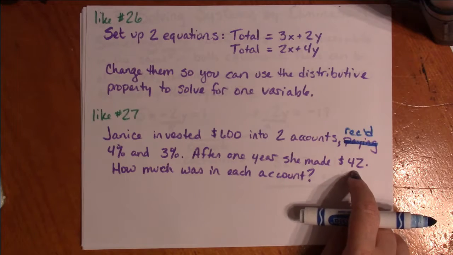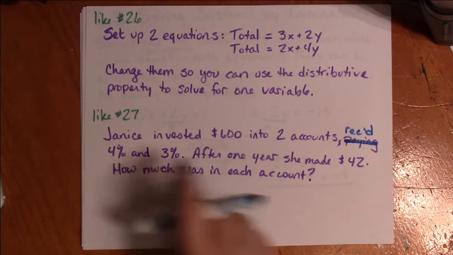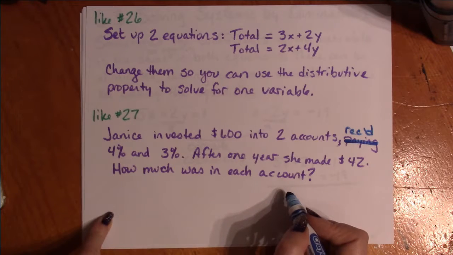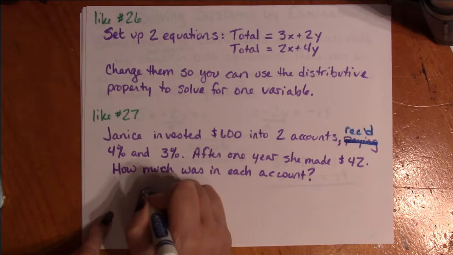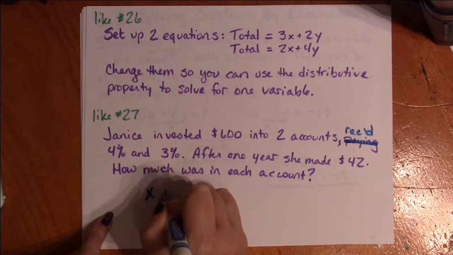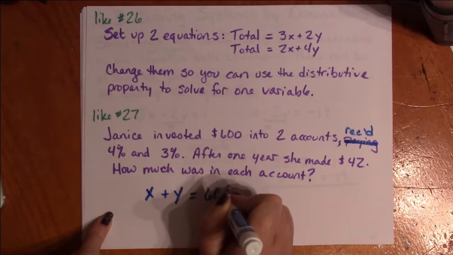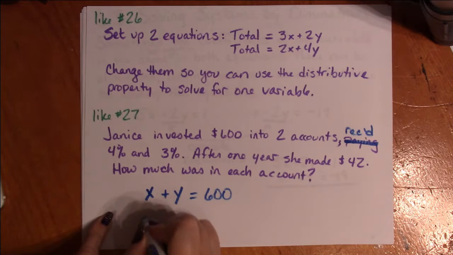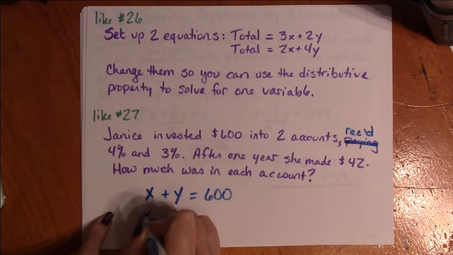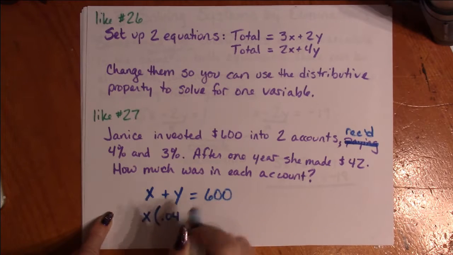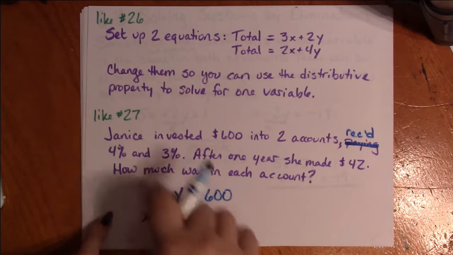After 1 year, she had $42 extra that she made in interest from the two accounts. So we need to know that X amount of dollars in one account plus Y amount of dollars in the other account equals 600.